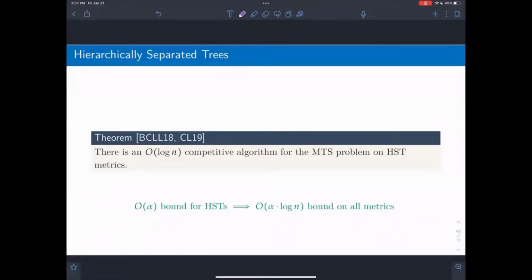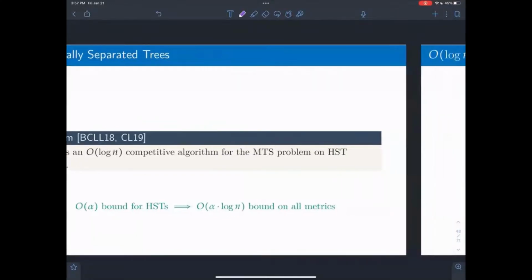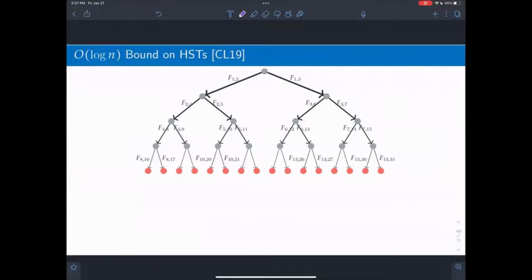So perhaps not surprisingly, they obtain this log-n factor using a mirror descent algorithm. So instead of directly working on the probability simplex defined on the points of the metric space, which in this case are just the leaves of this HST, they work with a lift of this simplex.